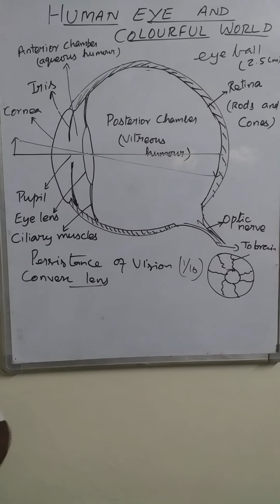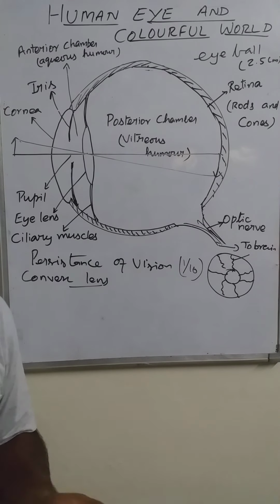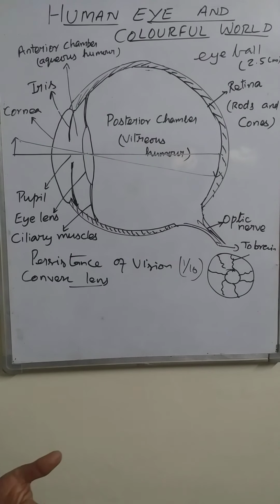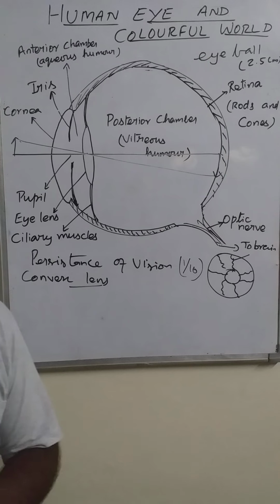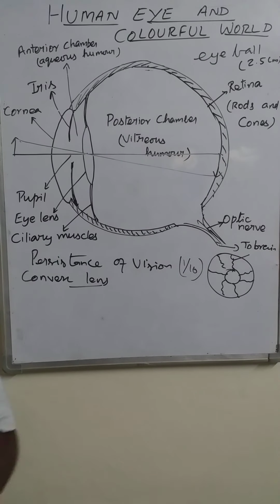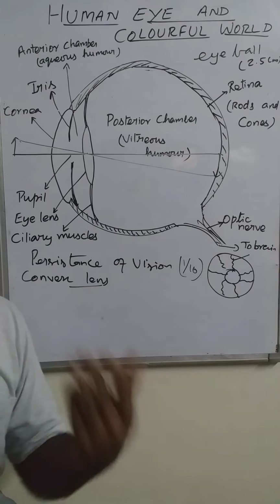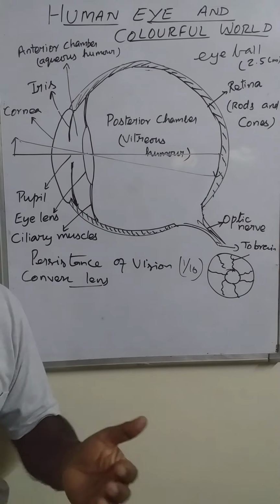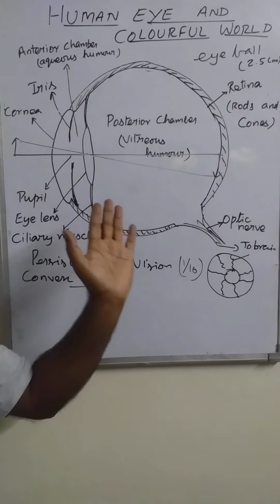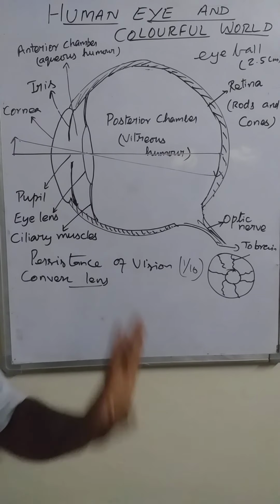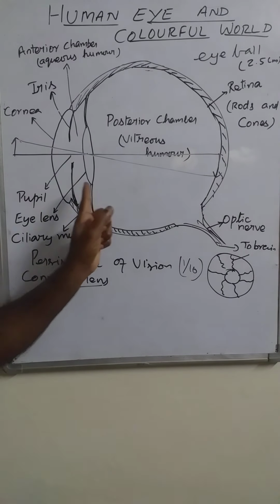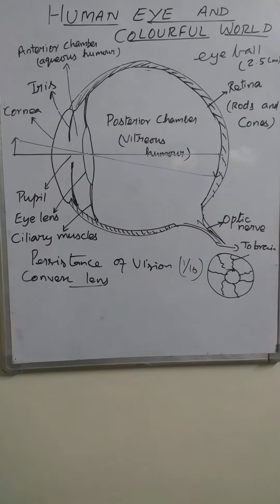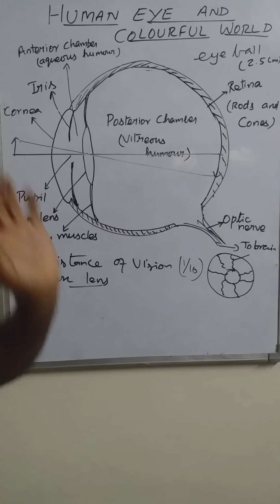This convex lens also has a focal length, but the difference is that this convex lens has a variable focal length. This means it is able to change its focal length according to the distance of the object placed in front of it, with the help of the ciliary muscles.